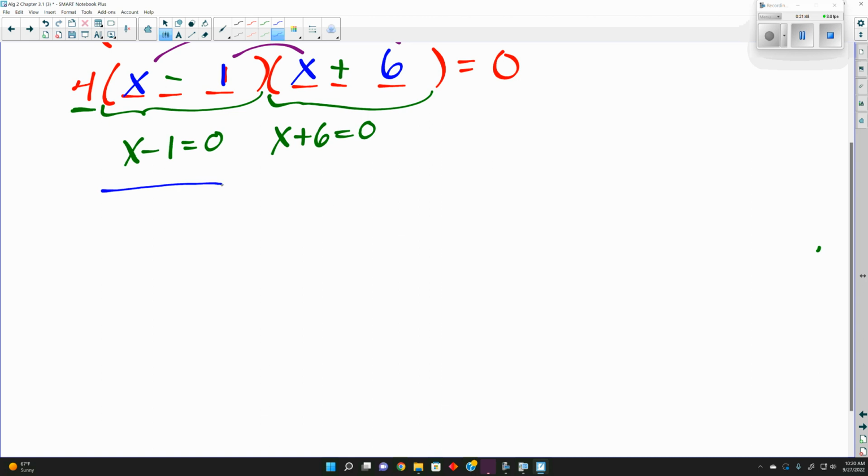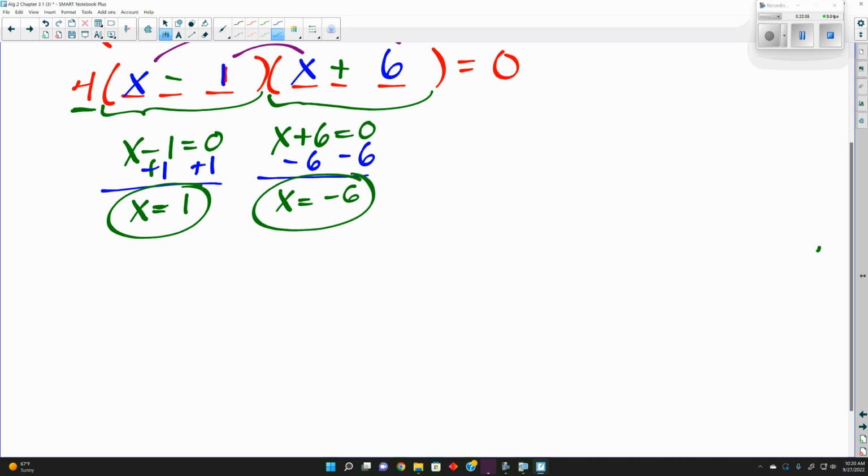And for the first one here, we can add 1 to both sides, telling us x is equal to 1. Here we can subtract 6 from both sides, telling us x is equal to negative 6. And that is it.